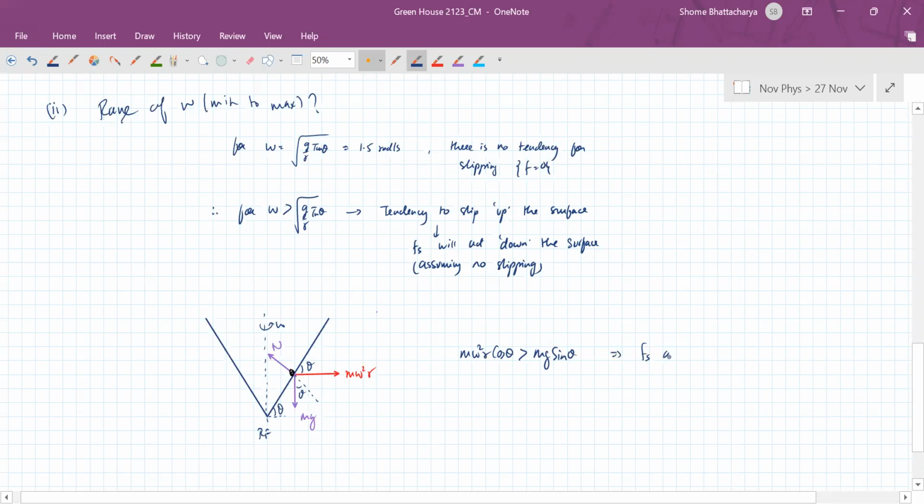So static friction acts down the incline to prevent it from slipping. So this kind of situation comes in.